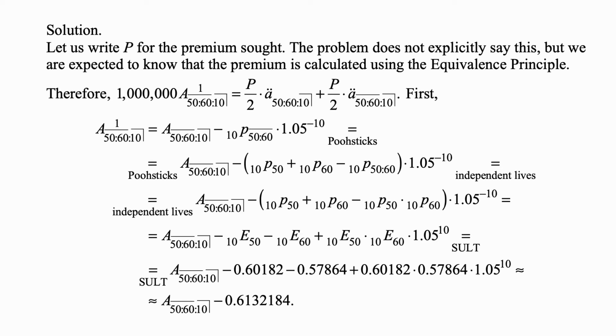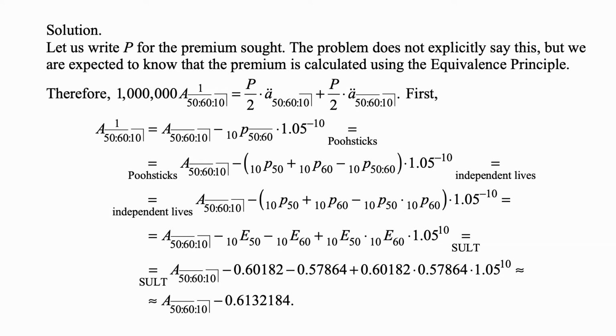Then this is equal to a product of the two. So this is equal to A 50:60 with a bar above it, angle 10, minus 1.05 to the negative 10th multiplied by 10p 50, which is 10E 50 in the table, multiplied by 10p 60, which is 10E 60 in the table, multiplied by 10p 50 again, which is 10E 50.